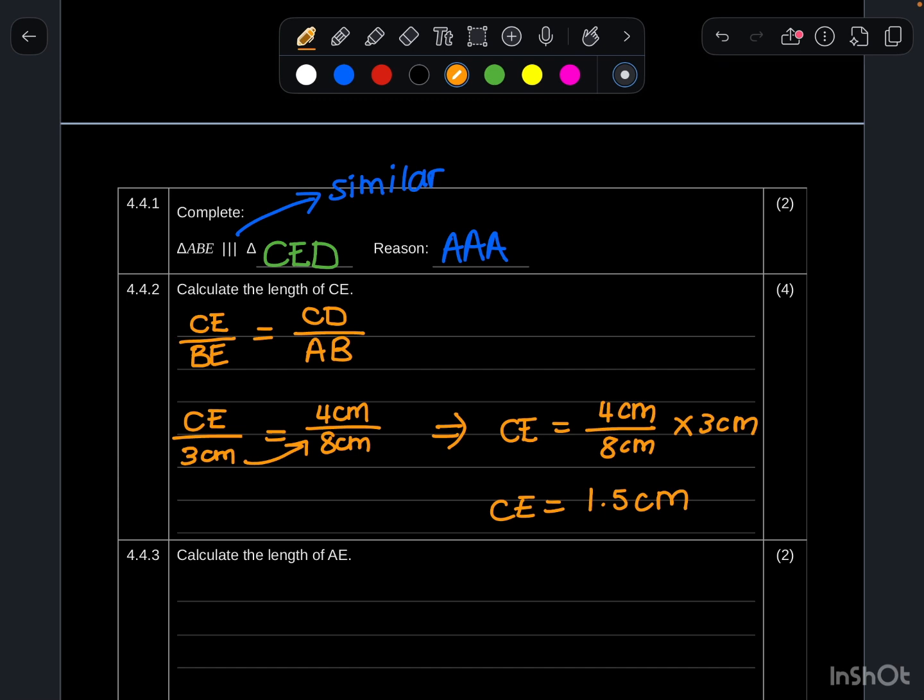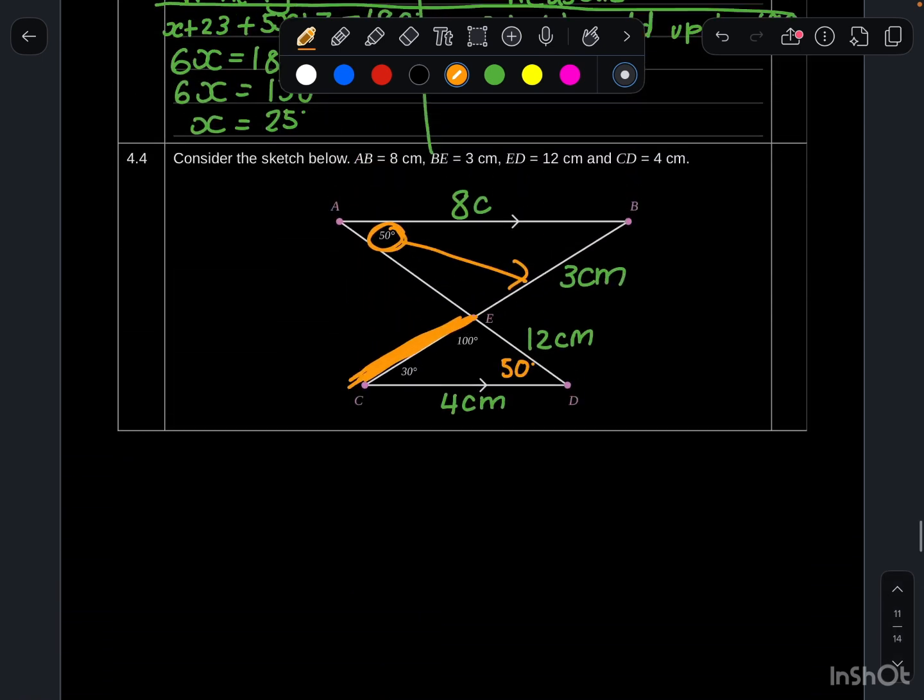Okay, and then we want the length of AE. So AE is this one. It is opposite our 30-degree angle. I'm just going to do the working out here.